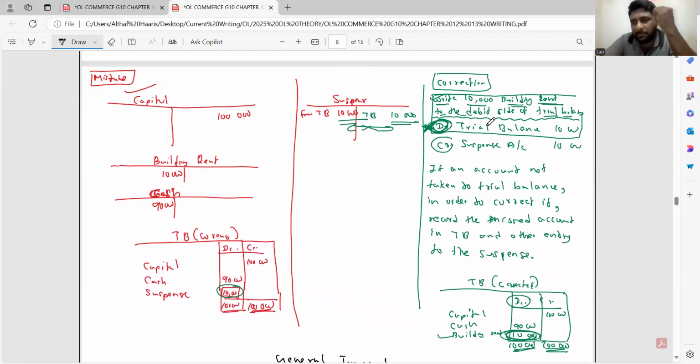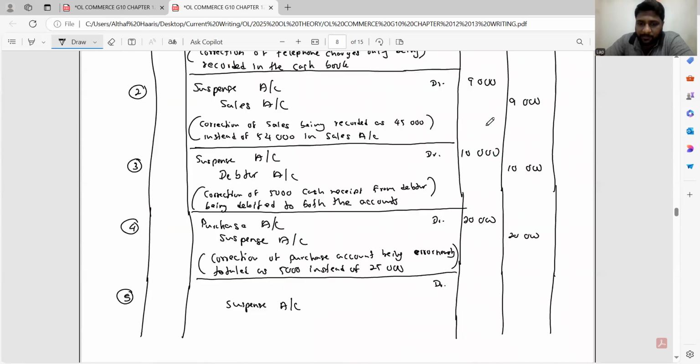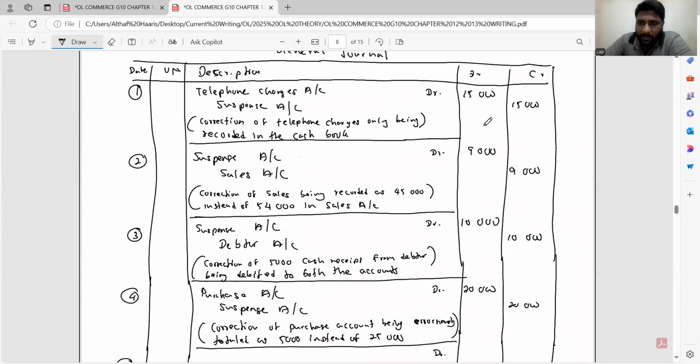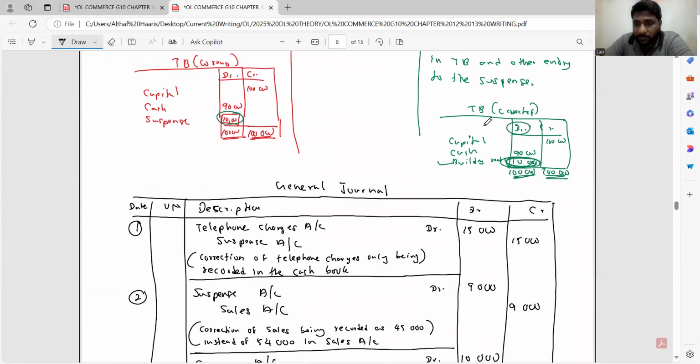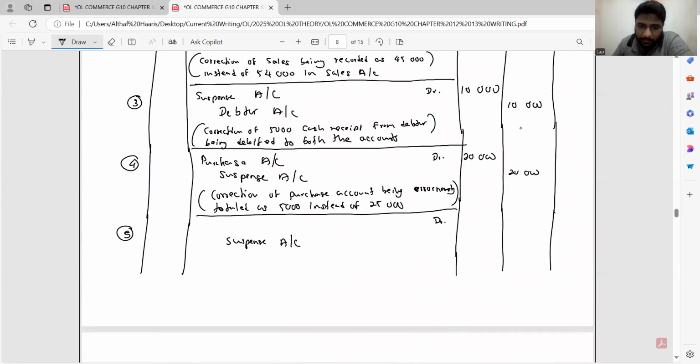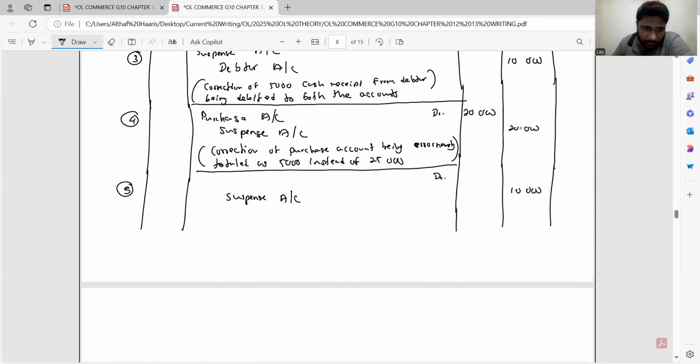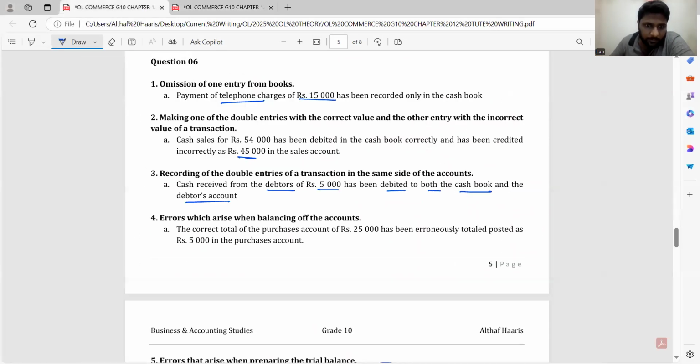For your understanding purpose, you keep in your head debit side of the trial balance, credit to the suspense account. But don't write the trial balance one in the general journal. What is the value? 10,000.